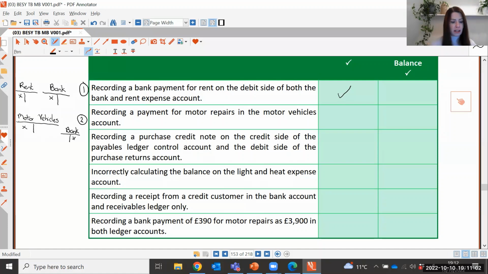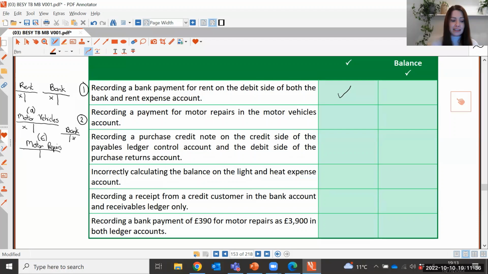But what we've done is we've debited the motor vehicles asset account when really we should have debited the motor repairs account, which is the expense account. So we should have entered it as a debit into the motor repairs account.